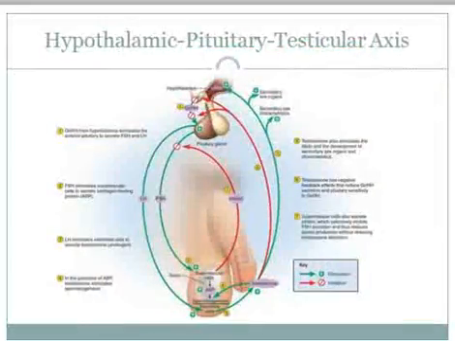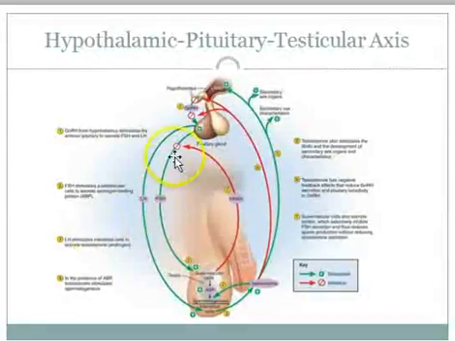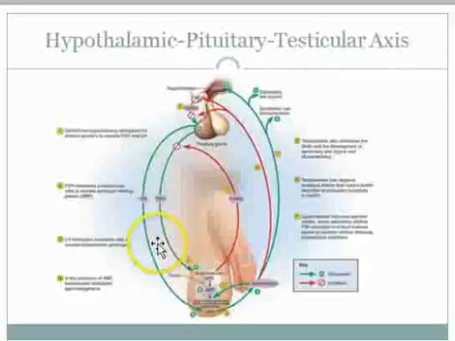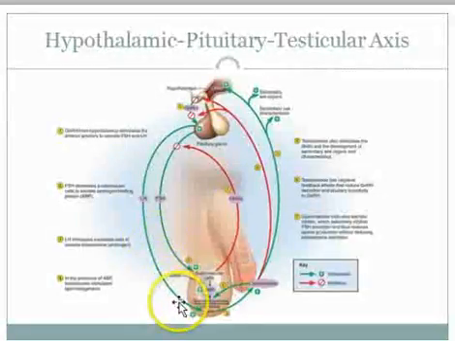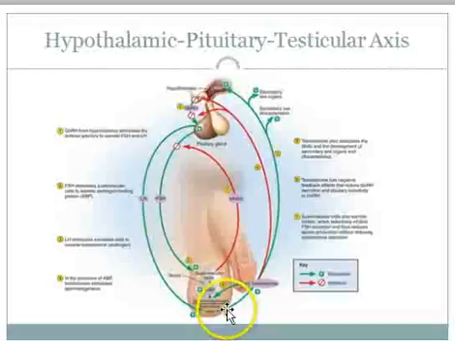I'm not going to touch on this too much, except to understand that a similar process is happening here as with our ovaries' communication with our pituitary gland. So the anterior pituitary is once again releasing FSH and LH, and they're both working within the testicles, particularly the Leydig and the Sertoli cells, to help produce testosterone ultimately.